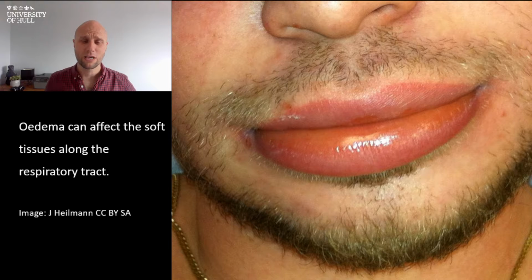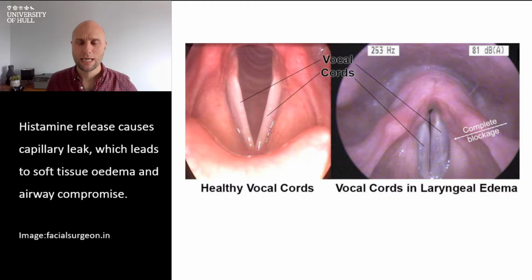Unfortunately, that edema can occur almost along any of the soft tissue areas of the respiratory tract. And what I'm about to show you now is the view through someone's oropharynx.